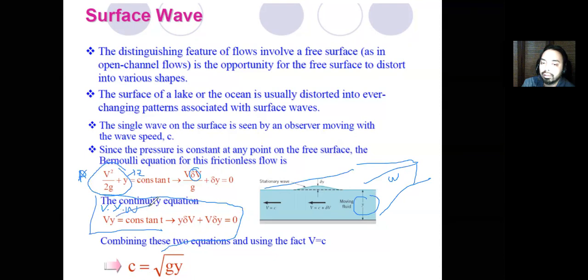But we can cancel them because y is varying, as there is a surface wave over here, dy. If we derive that into this, then we can combine the two equations to get c equal to square root of gy.